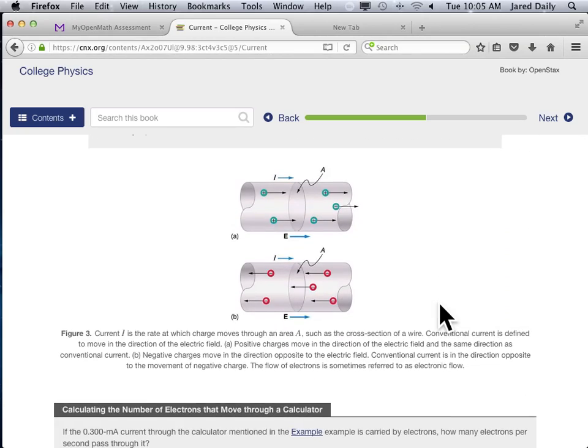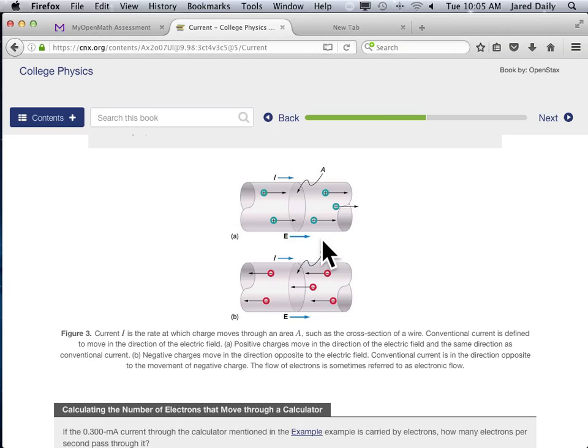Here's a nice illustration of our problem with Benjamin Franklin. If a current is flowing from left to right, that would suggest that positive charges are moving from left to right. But in reality, when you have current flowing to the right, that means you have an electric field pointing to the right inside of the material. When charges are moving, you actually get an electric field in the material.